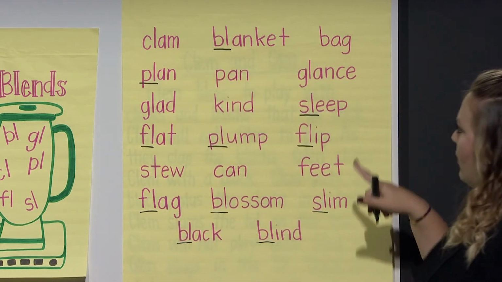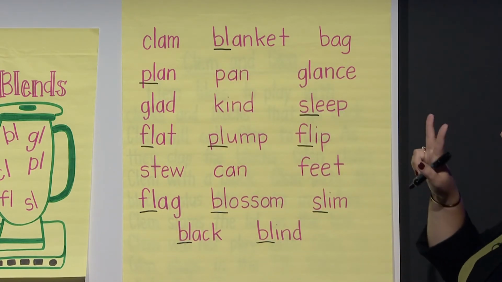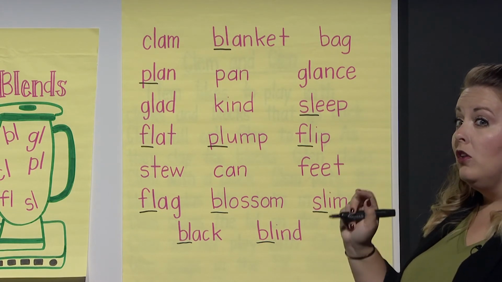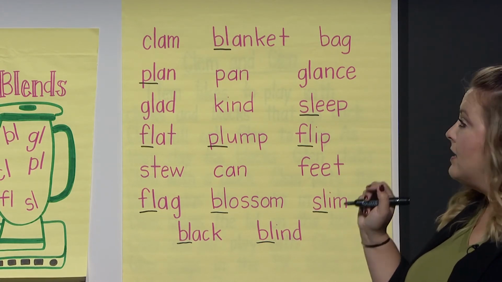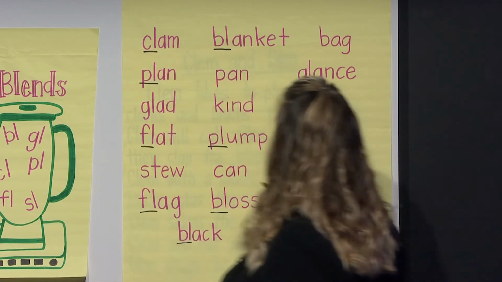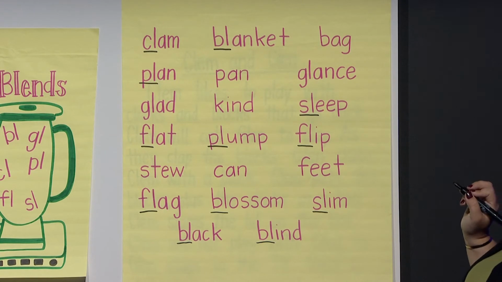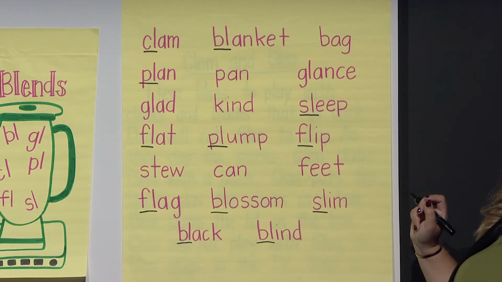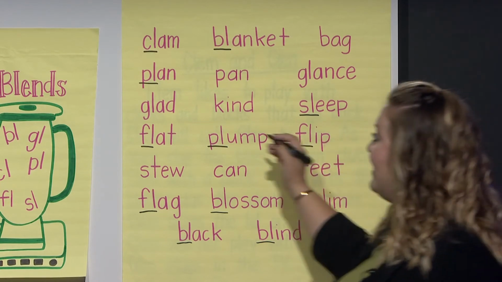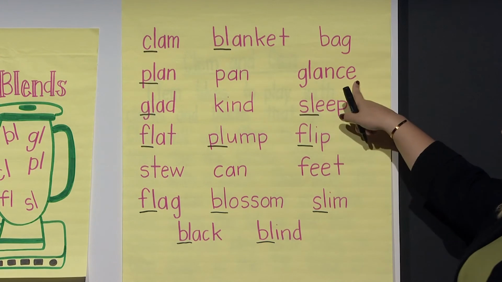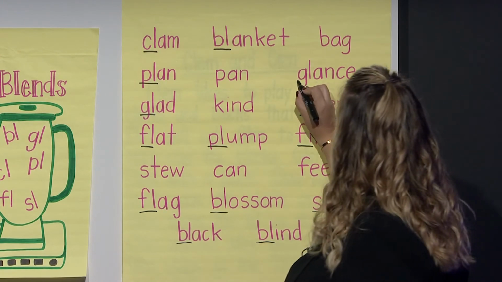Okay, what blend have we not used yet? I see two more. I see one that says coal. What word has coal? Clam. Do we see any more that have that CL? I don't. What about gull? Gull. Glad. Glad has gull. What about glance? Great job.